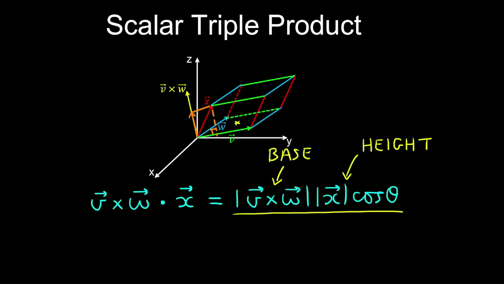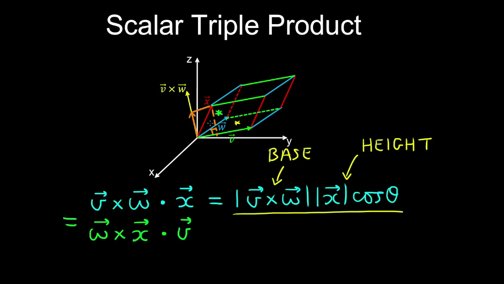Now similarly, if we use a different base plane of the parallelepiped, then we can take the cross product between w and x, which gives the area of this parallelogram, and taking the dot product with the vector v gives the volume of the same parallelepiped. So these two expressions are equivalent.